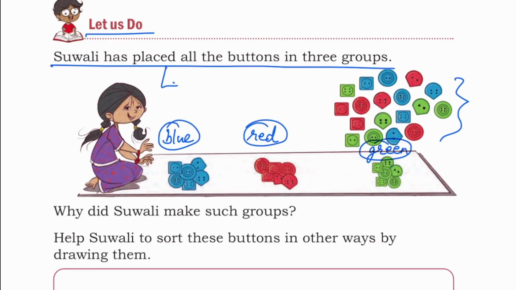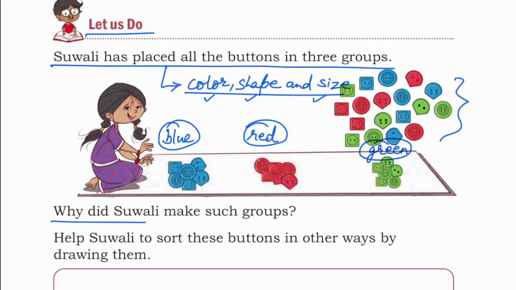You can group the objects based on their color, shape, and size. There are other ways of grouping objects, but for simplicity, I am taking 3 criteria: color, shape, and size. Why did Suali make such groups?